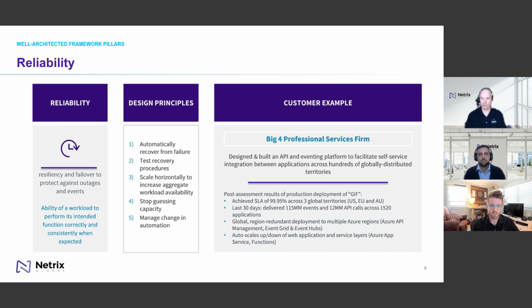And especially for large scale applications, understanding the concept of availability zones, of regional failover, and what the capabilities of different platform as a service components of your applications provide, and what you get out of the box versus what you have to configure or stand up.